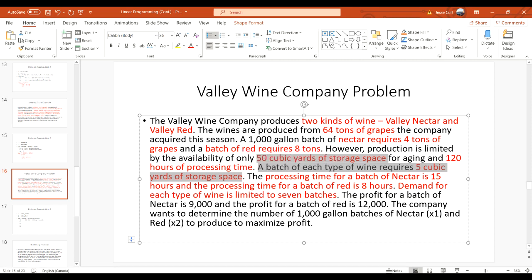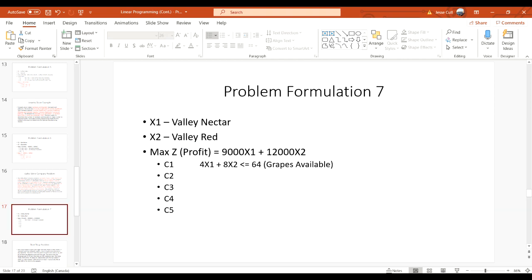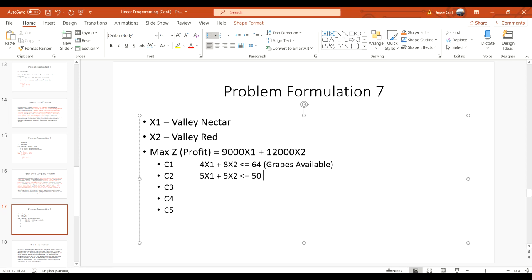So each one, x1 and x2, will be 5. And we have only 50 cubic yards available. So very simply, 5x1 plus 5x2 is less than or equal to 50, which is storage space available.